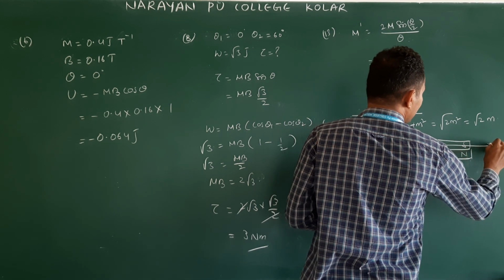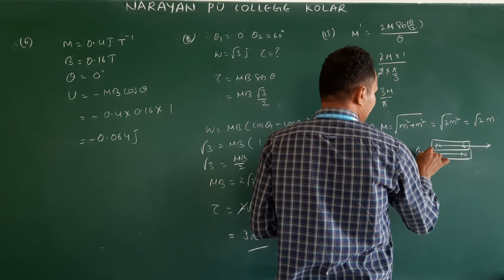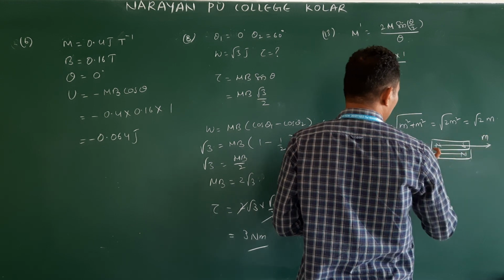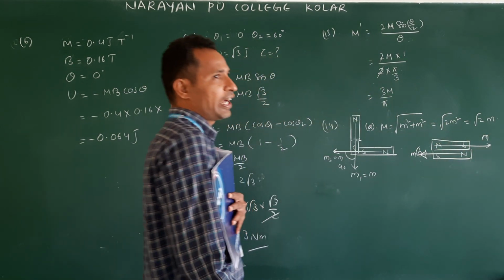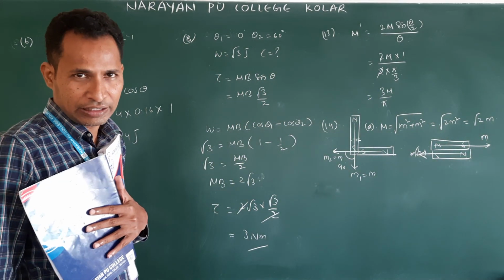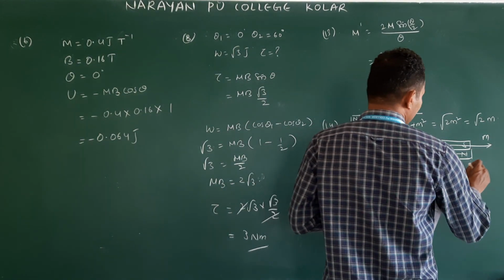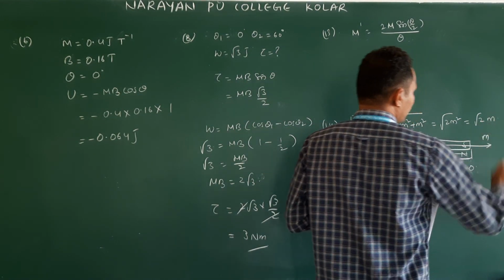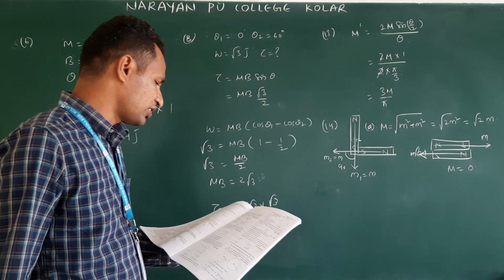The first magnet acts in this direction and the second in the opposite direction. Both magnets are the same but act opposite to each other. Their net resultant is 0.